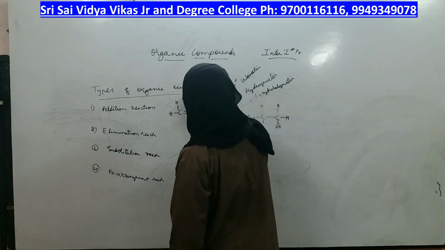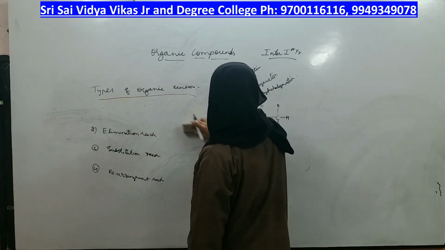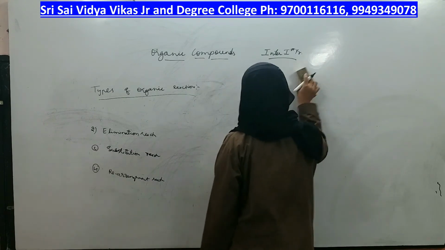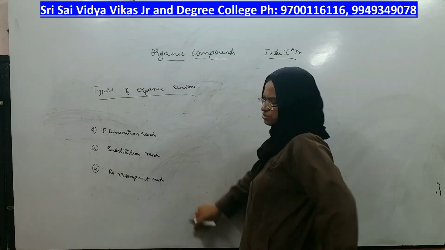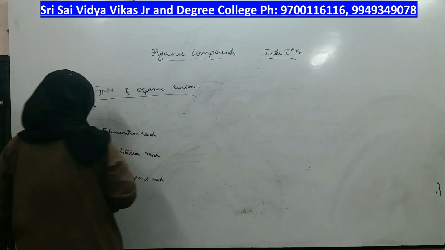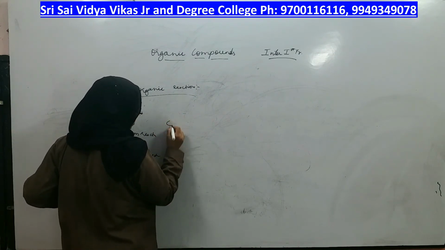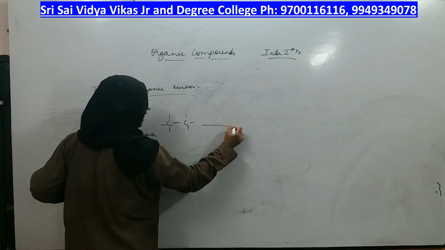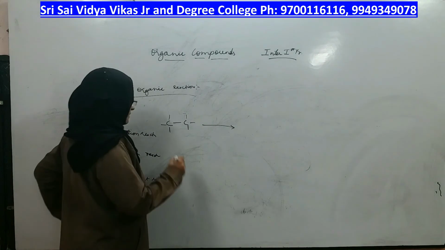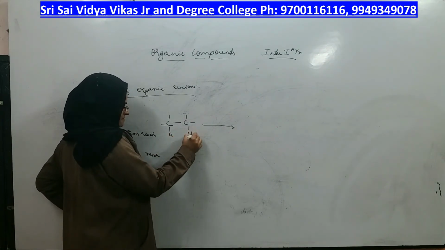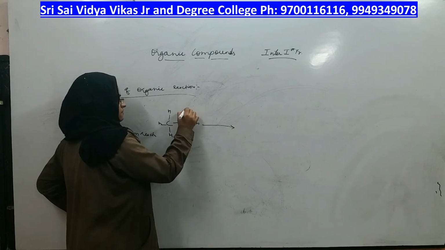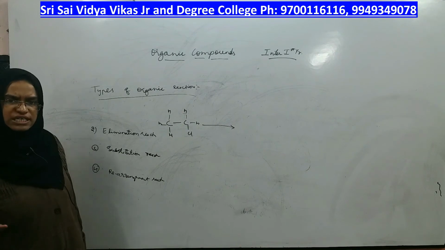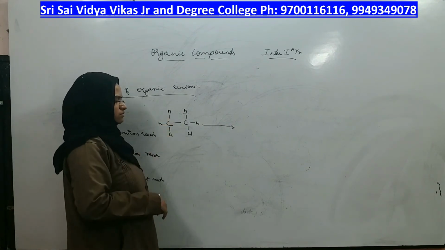Now we will see the next type of reaction, which is elimination reaction. And elimination reaction is opposite to that of addition reactions, right? Suppose you are taking this compound in which a pi bond is not there, all of them are sigma bonds.